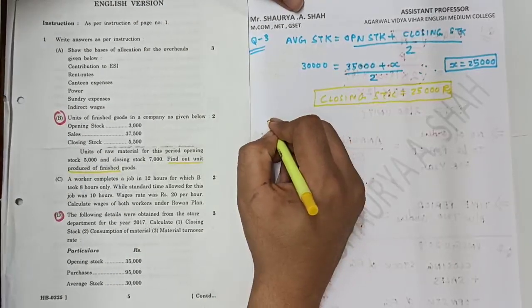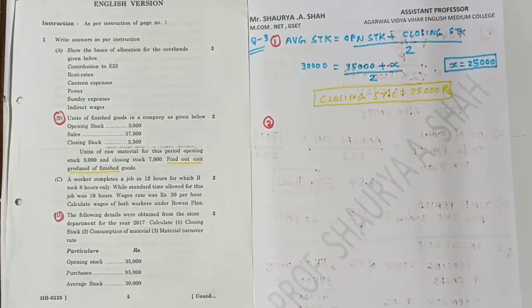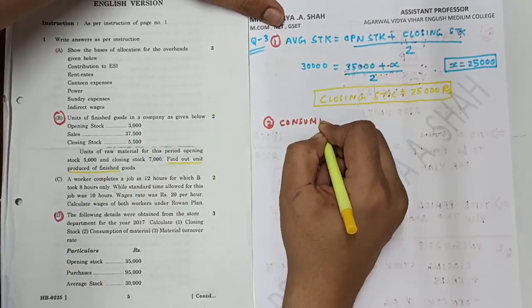What is the second answer? Now you have all the information for finding out consumption of material. Do remember the formulas with each and every sum. What is consumption of material? I'll write down.